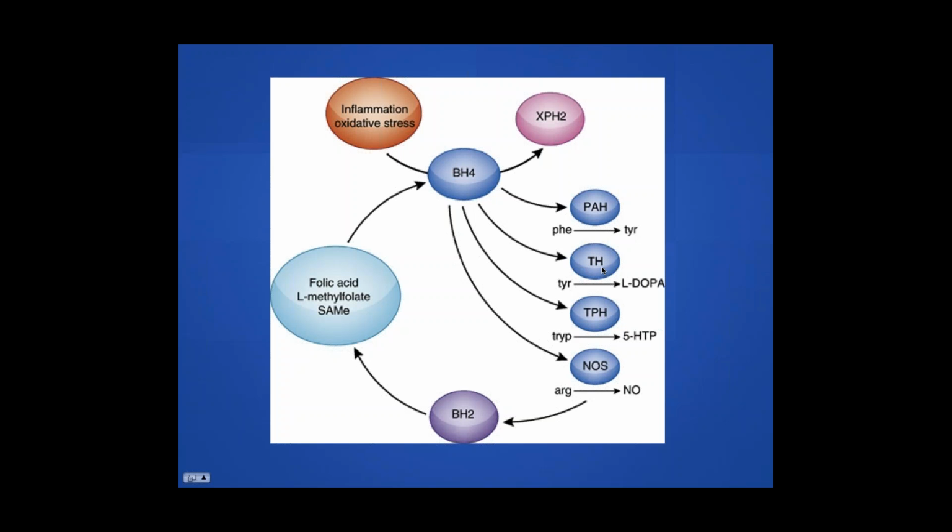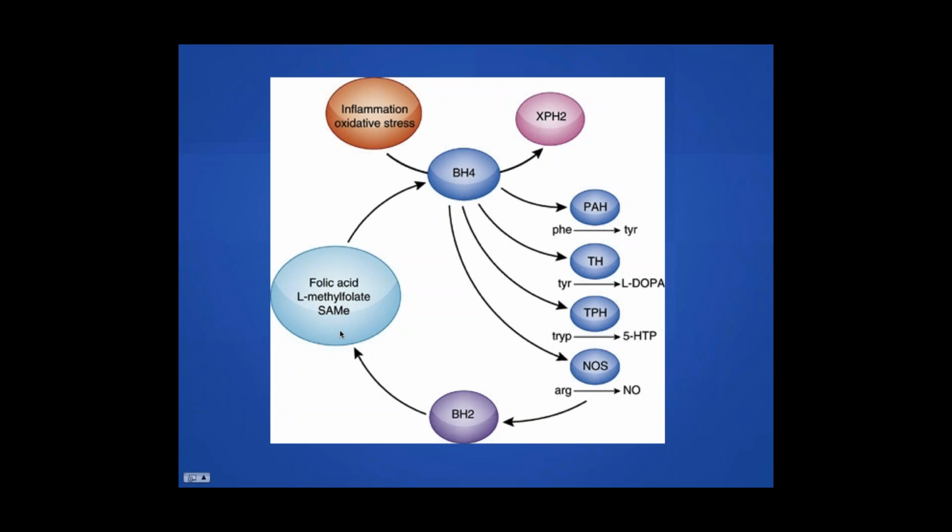Tyrosine hydroxylase, which converts tyrosine to DOPA, is activated by BH4. Tryptophan hydroxylase, which converts tryptophan to 5-HTP, is upregulated by BH4. And then nitric oxide synthase will take arginine and make nitric oxide out of it. So you can see how critical this molecule is in this whole pathway.